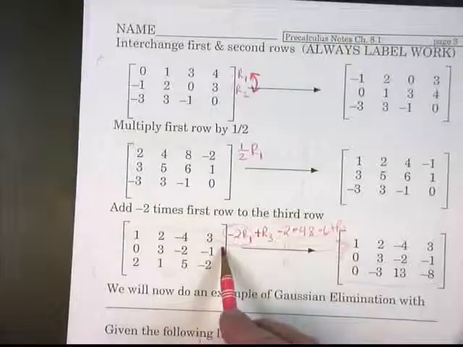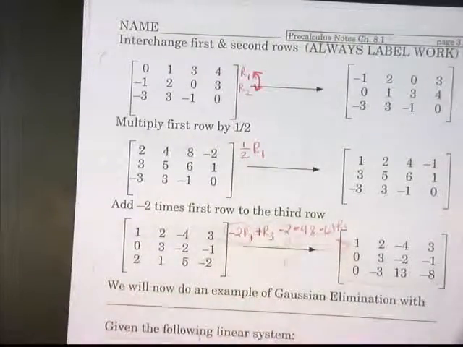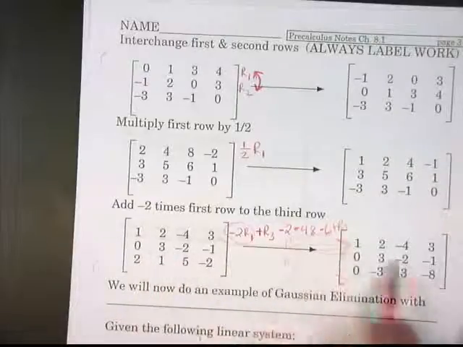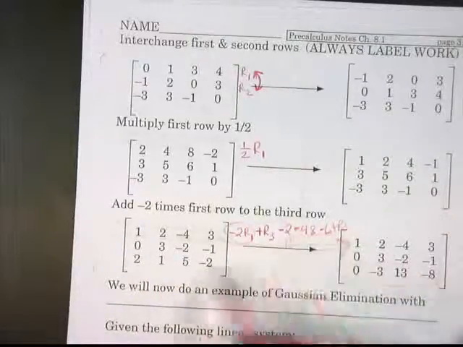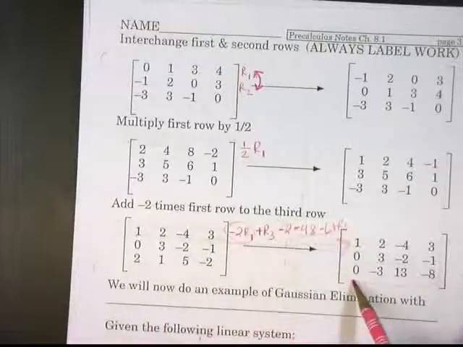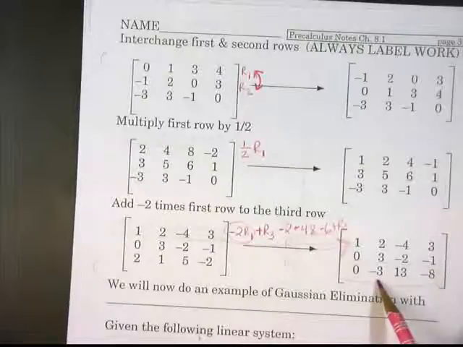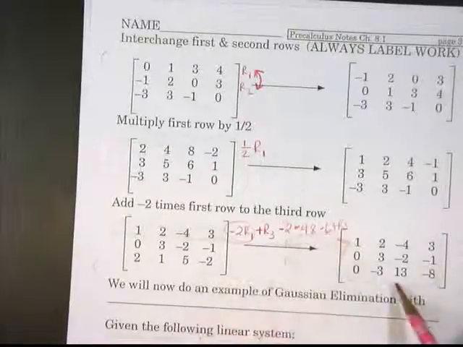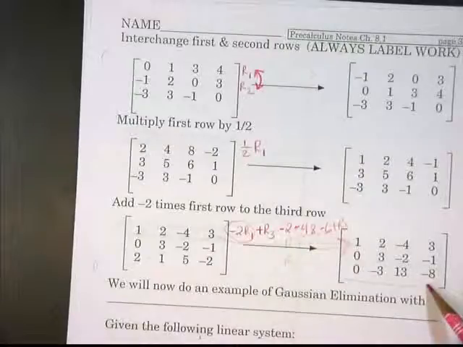Just like we said in the last chapter, we don't change the one that we're originally starting with. The second one we did nothing with, so it stays. And now the third one. So I take the -2 and 2, and I get 0. 1 and -4, -3. 5 and 8 for 13. -2, -6 for -8.